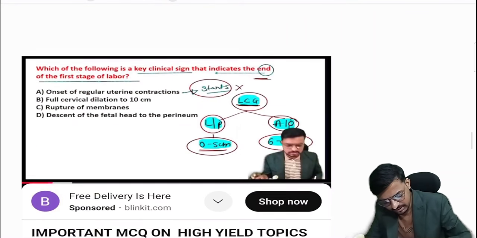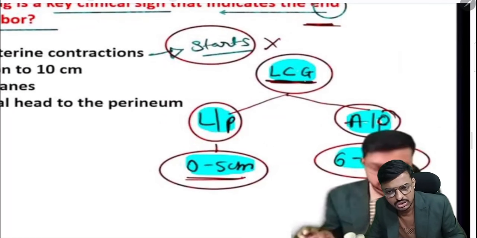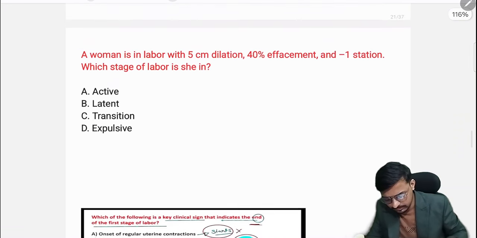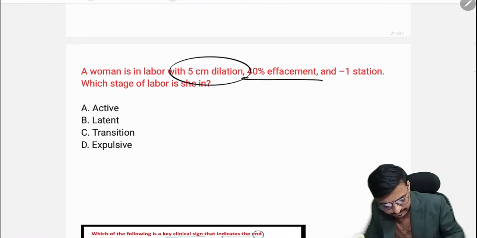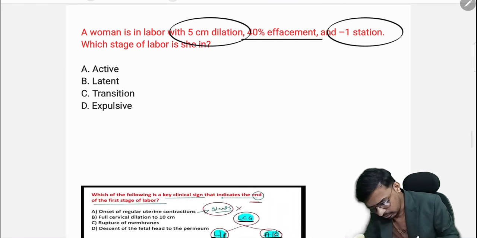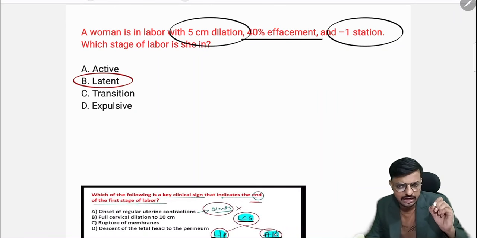And I have told here in this particular question also, look at this one. According to the new Labor Care Guide, the latent phase is 0 to 5 centimeters and the active phase is 6 centimeters and above, 6 to 10 centimeters. In the given question, the woman is at 5 centimeter dilation, 40% effacement and -1 station. She is still in the latent phase; she didn't come to the active phase.